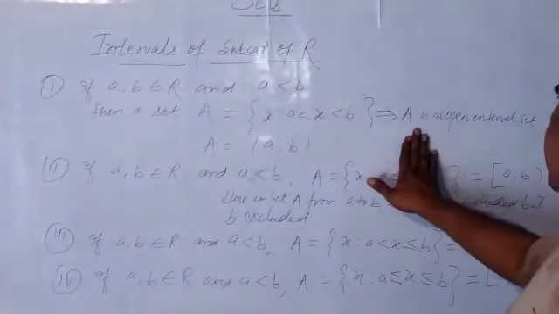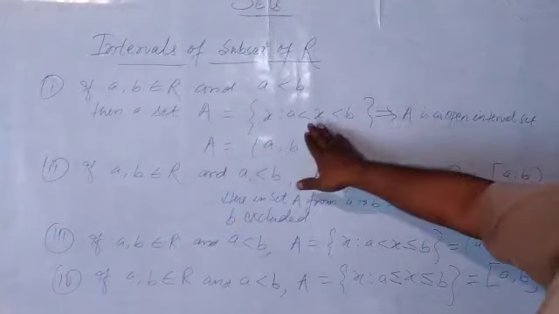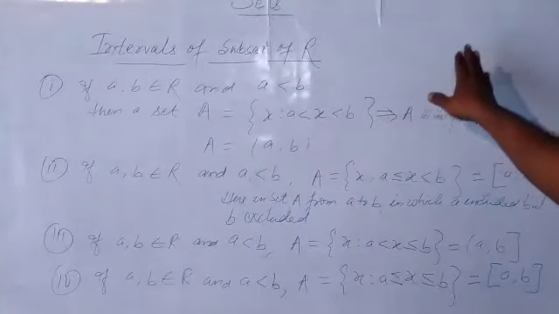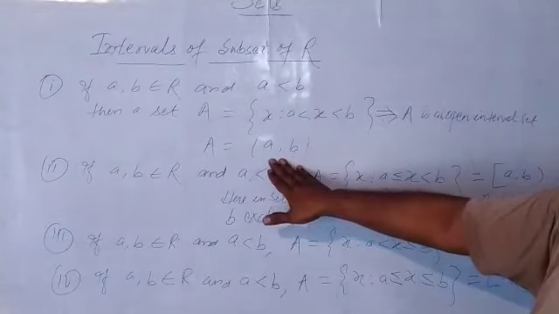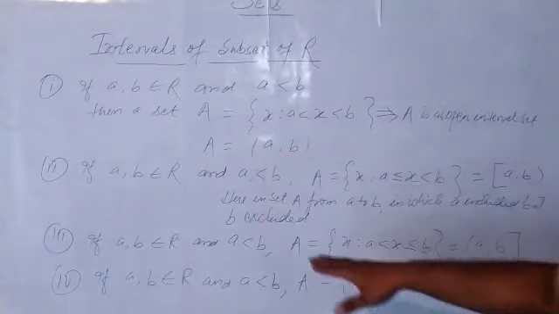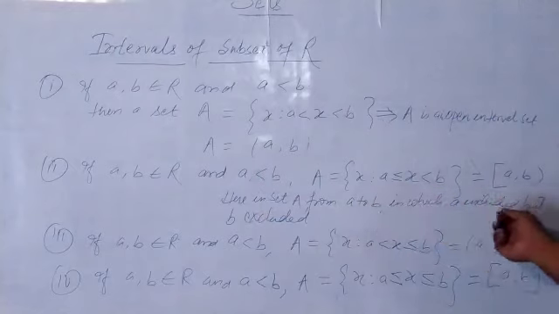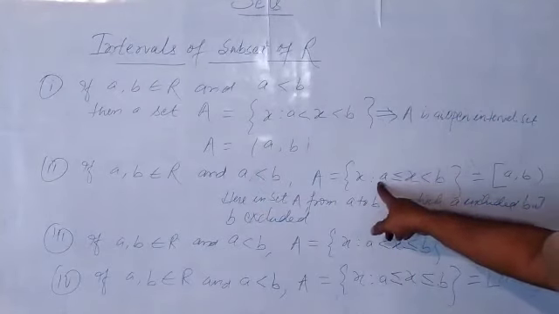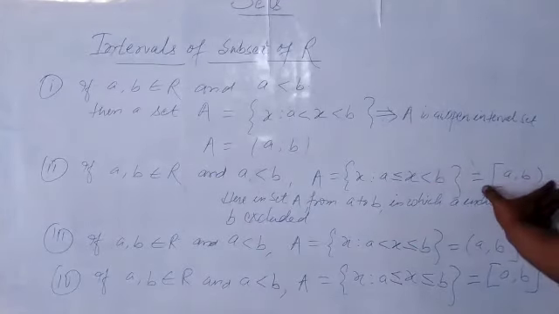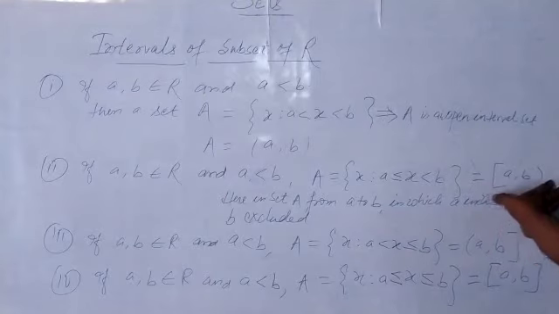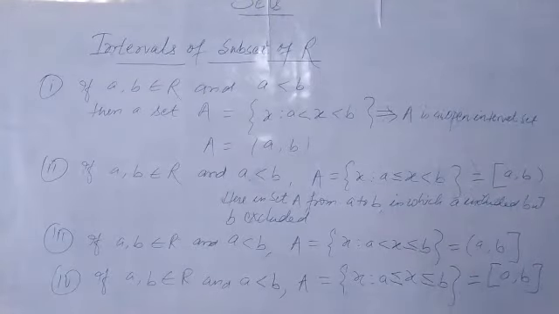In the first, the interval is called open on both ends, and we write it with the small bracket symbol. And second, when x is greater than or equal to a and less than b, it means a is included but b is excluded, then this symbol is used for this type of interval, and we call it a one end open and one end closed set.